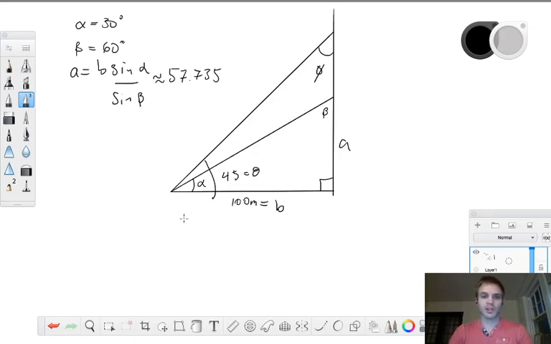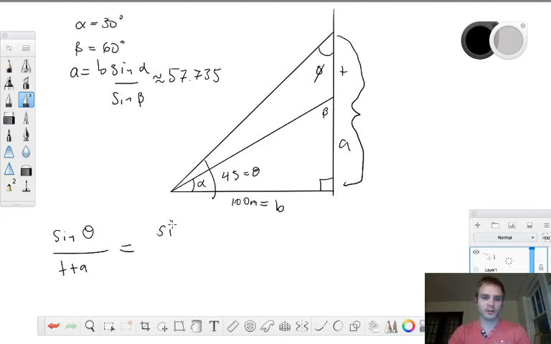So the same relationship, right? We have the sine of theta over, and let's call this whole side t plus a. That's going to be t plus a, but we already know a. And it is going to be equal to the sine of phi over b, which we also know.